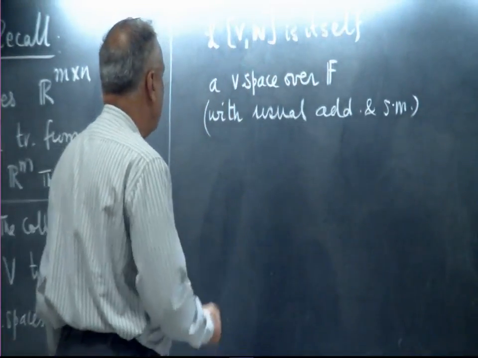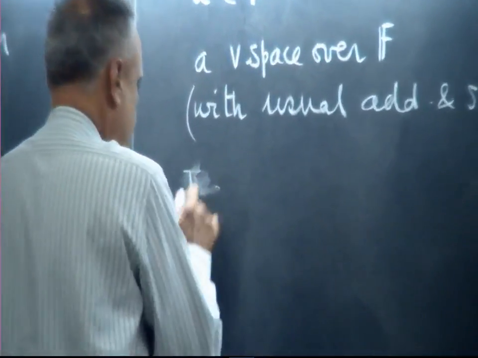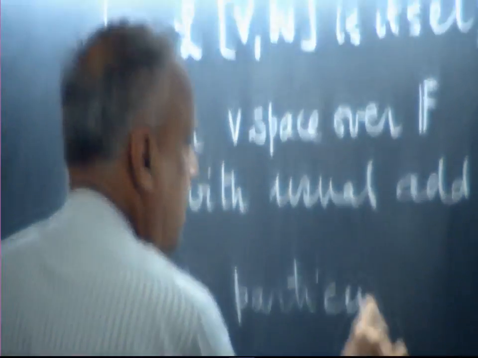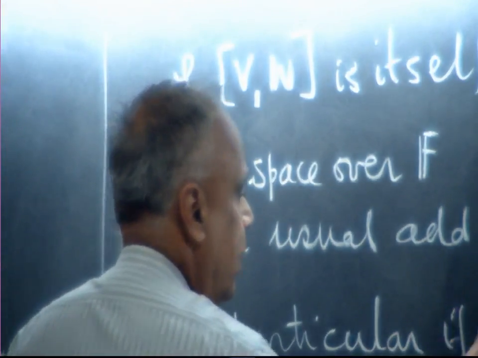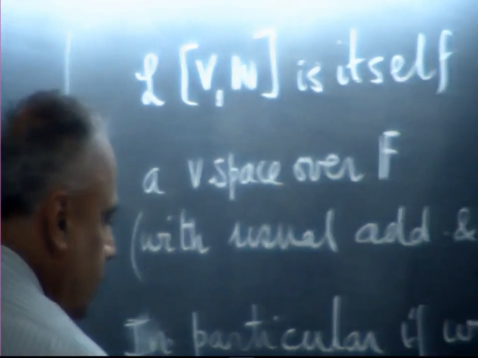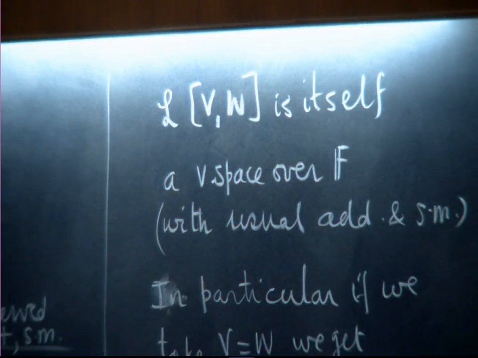And in particular, if we take V equal to W, then we get L(V). L(V,V) is called L(V), instead of writing V twice.